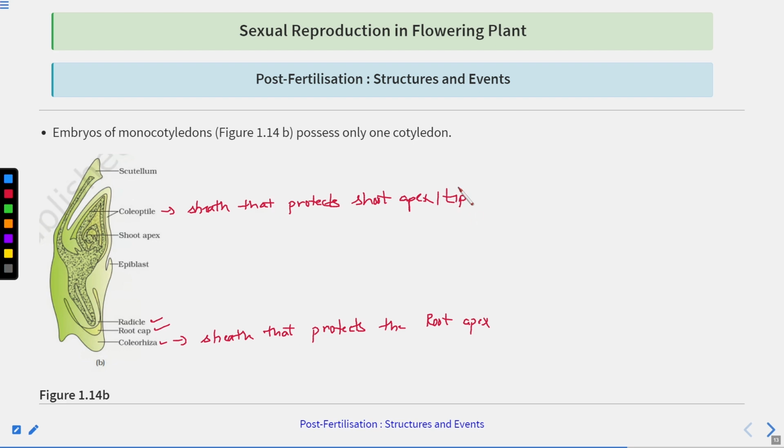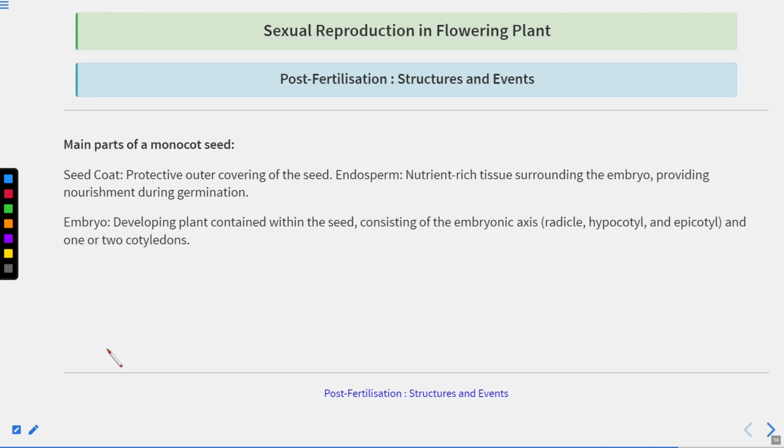This is clear. So this is the shoot apex you can see. Scutellum. Scutellum is nothing but a degenerated cotyledon. Monocots consist of only one cotyledon. Clear? So these are the structures present in the monocotyledonous embryo.